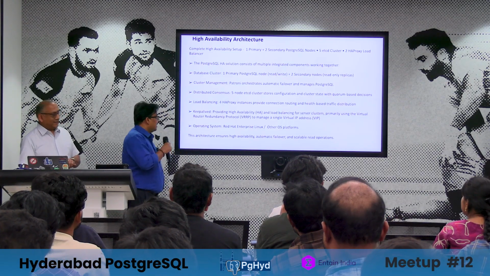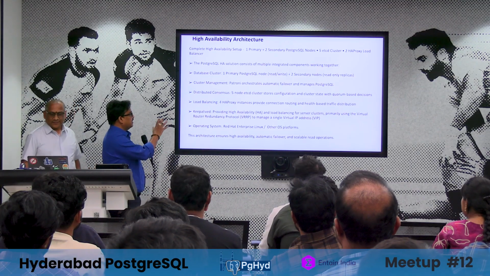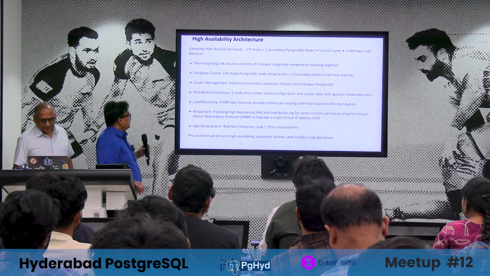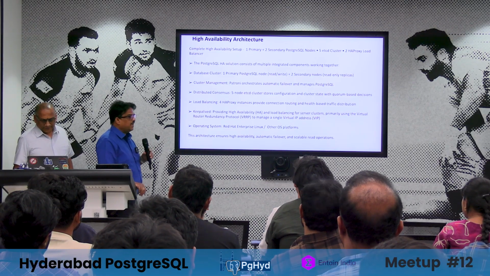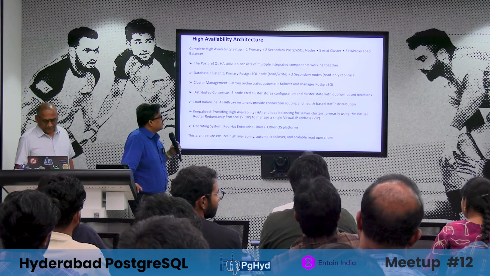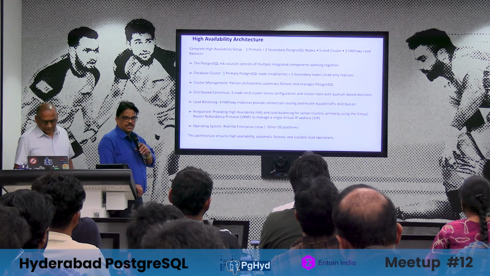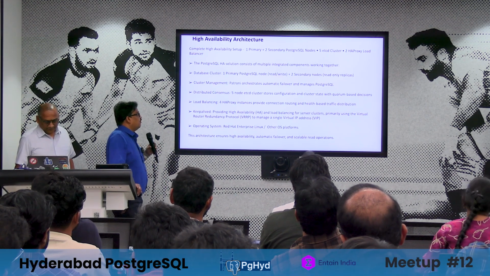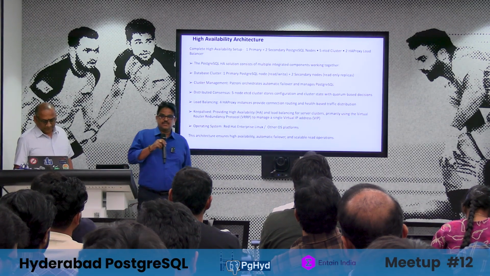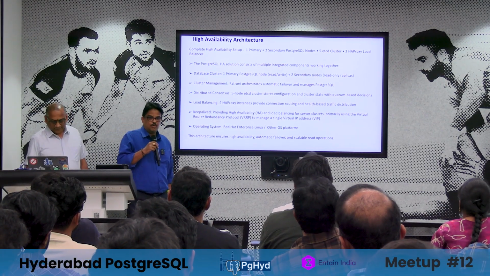Okay. So, I'll start with the HA architecture. This is the normal, minimal setup we require for HA. In that, we have one primary and two standby nodes, a 5-node etcd cluster, and you can have 2 HA proxies or 4 HA proxies. It is 2 or 4 if you have 2 different applications which you want to divert, one for read write and the other for only read operations.